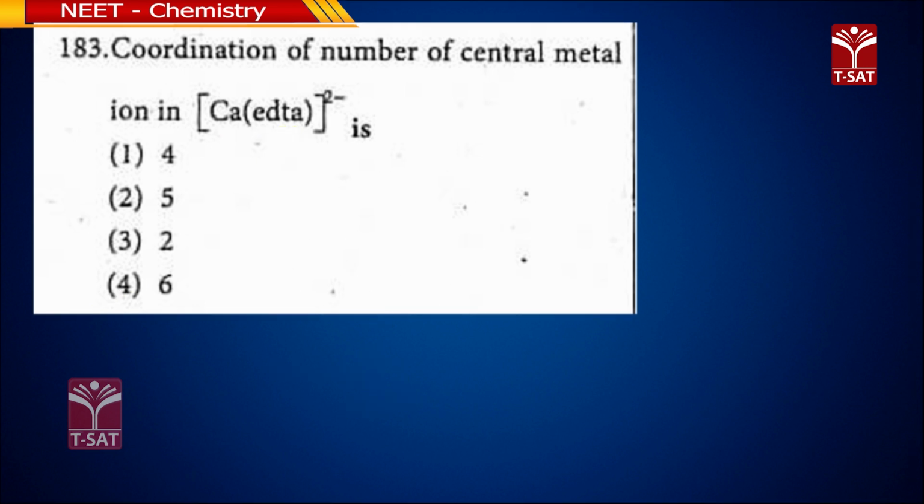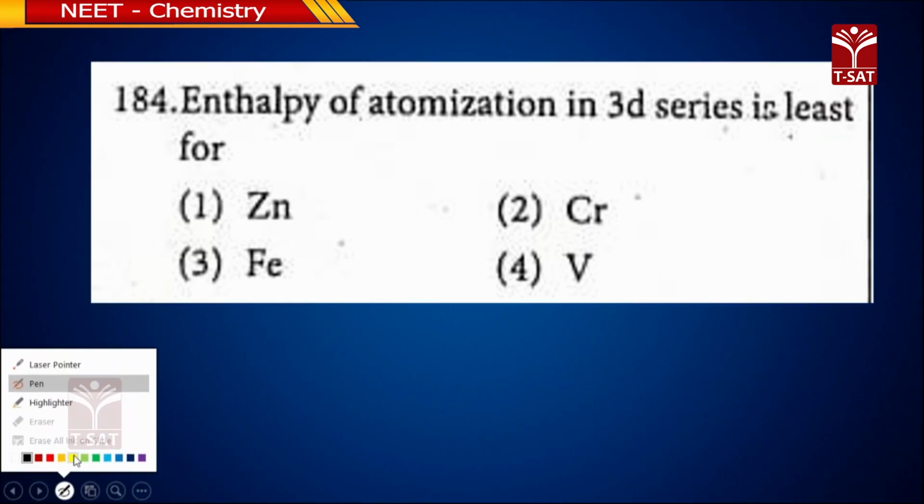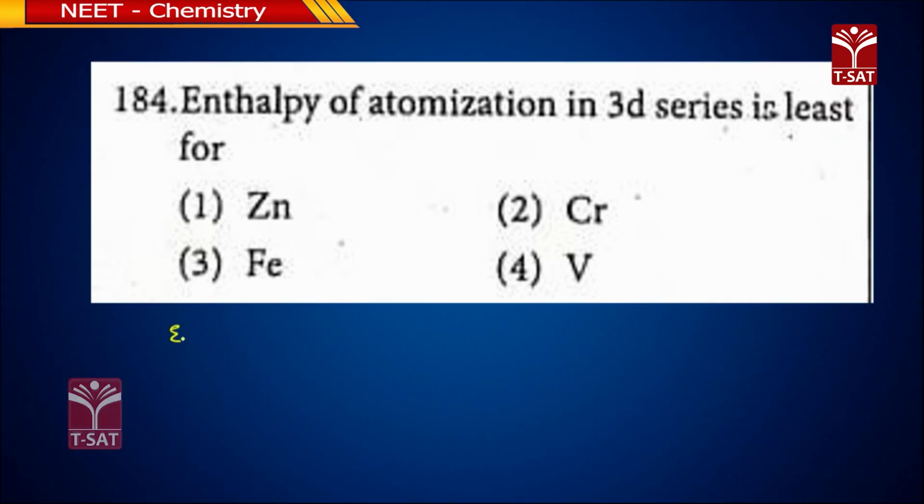Next, coming to the enthalpy of atomization in the 3d series, which is least for? So, what does enthalpy of atomization mean? It is the energy required for making an atom from its element in its metallic state.